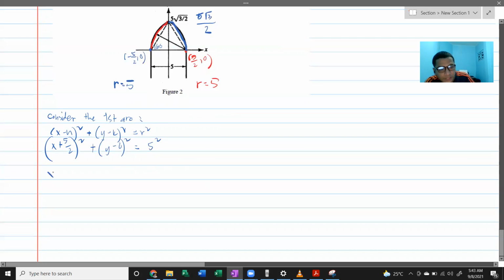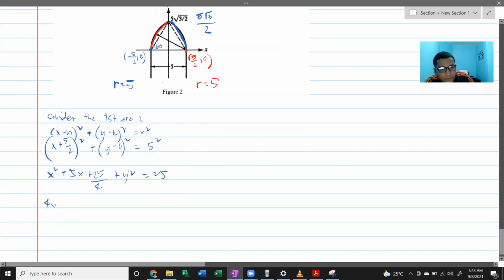Now let's expand. x squared plus 5x plus 25 over 4 plus y squared is equal to 25. Now let's rearrange and multiply both sides by 4.